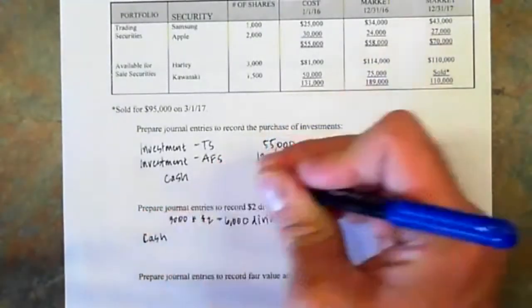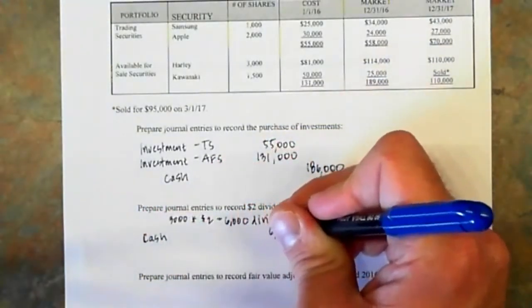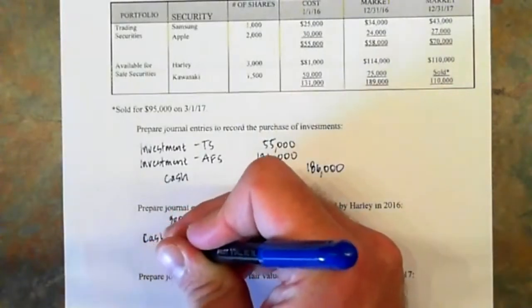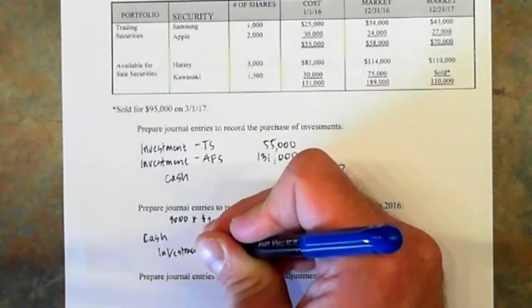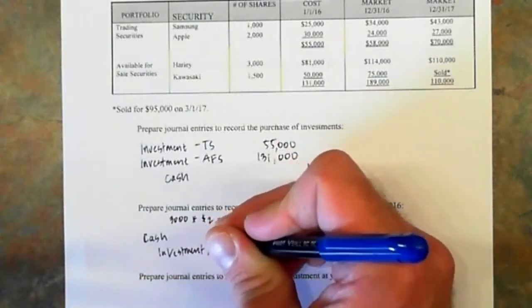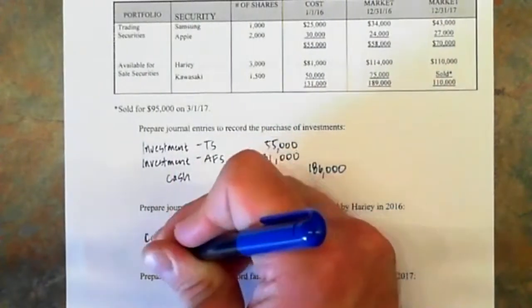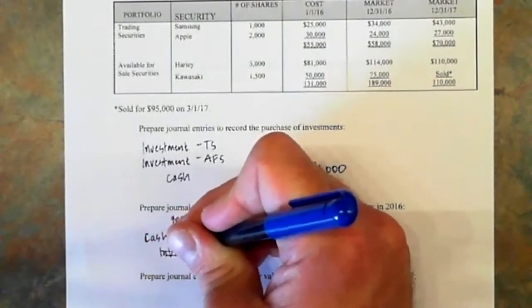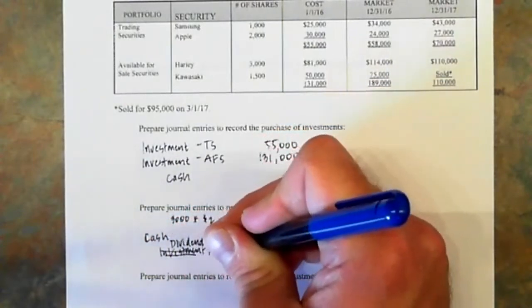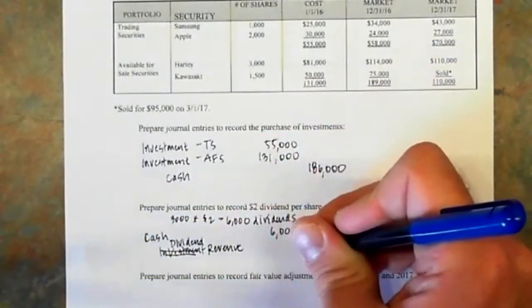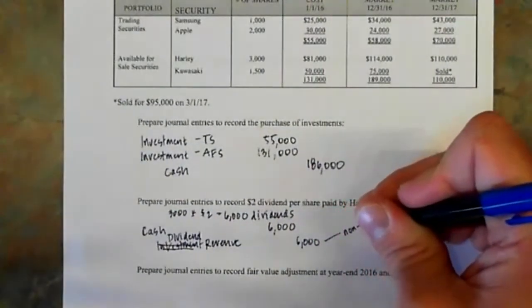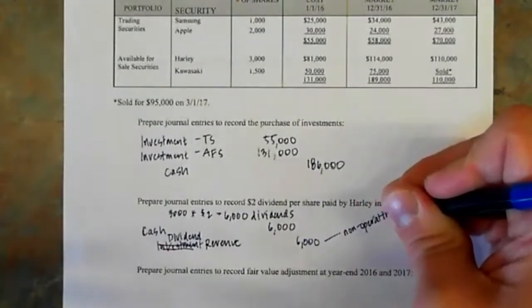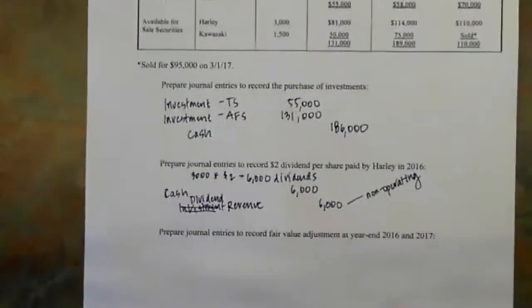Of course, we receive cash for $6,000, and dividend revenue would be better, of $6,000. Remember, dividend revenue is a non-operating income statement item because it's not part of our central operations.